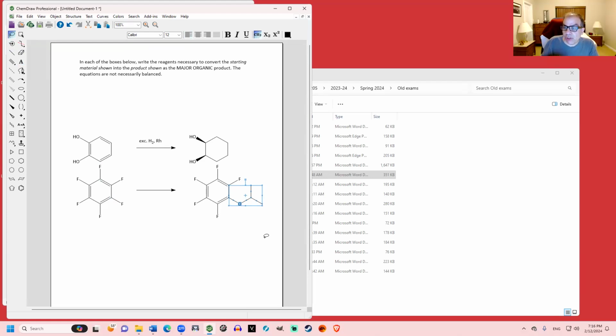And we already know that sodium methoxide, NaOCH3, will replace a halogen with OCH3. NaOEt will replace a halogen with the ethoxy group. So this is the same thing, except it's an isopropoxy group.